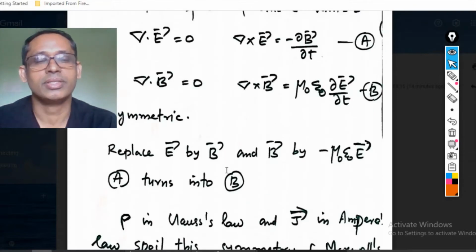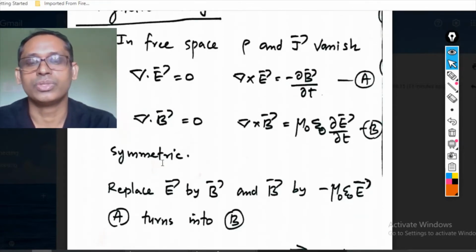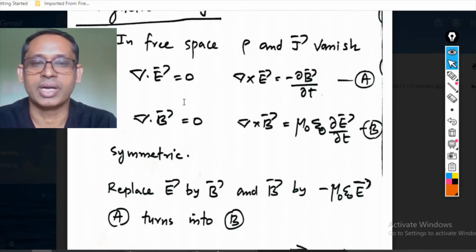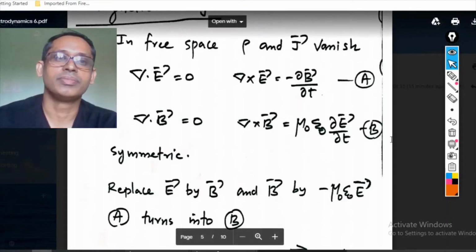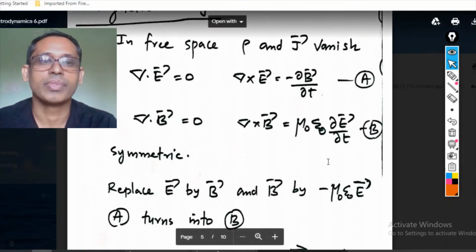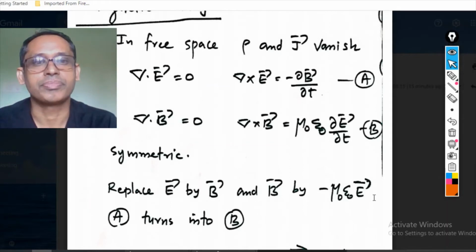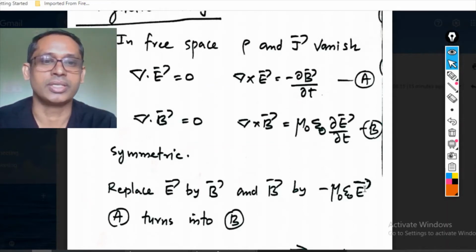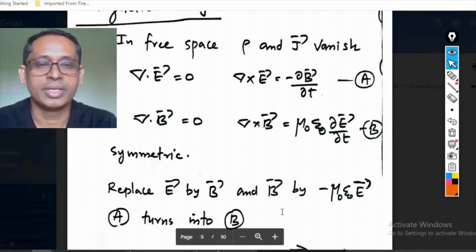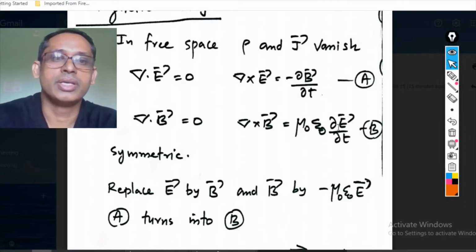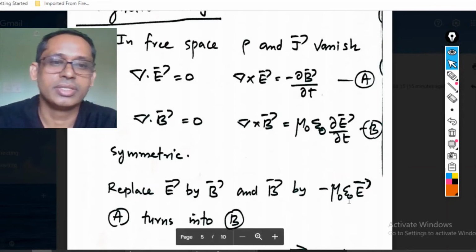And the reverse is also true. You replace the magnetic field by the electric field, and the electric field here by the magnetic field.